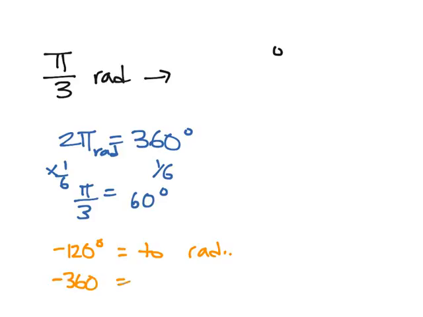So that's pi times negative 120 over 180, that's 6 over 9, or 2 over 3, negative 2 pi over 3 radians.